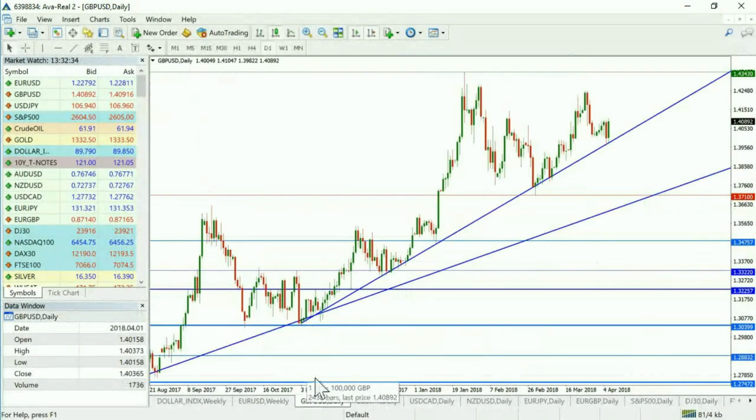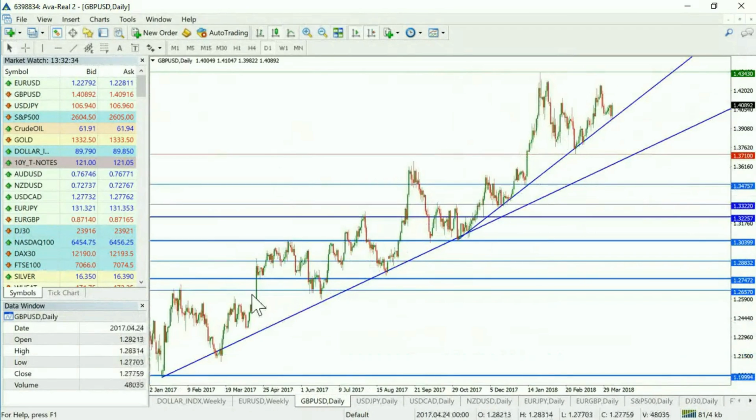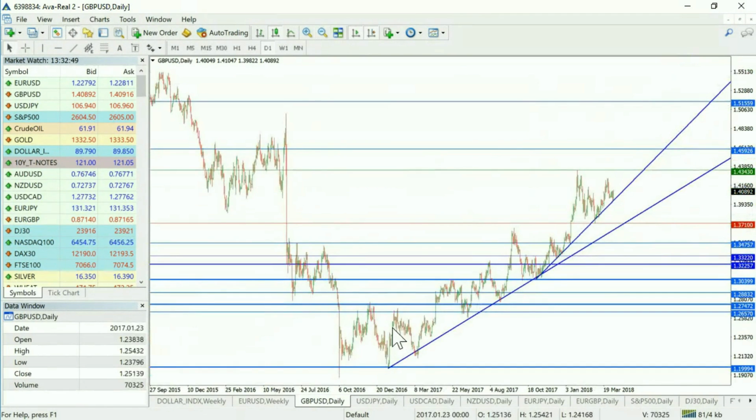The pound is quite an interesting trade. You can see what's happened to this market since January 2017. It's been in a bit of a bull trend for the last year and a quarter after this period of consolidation, and then we got that nice extended move in the pound.